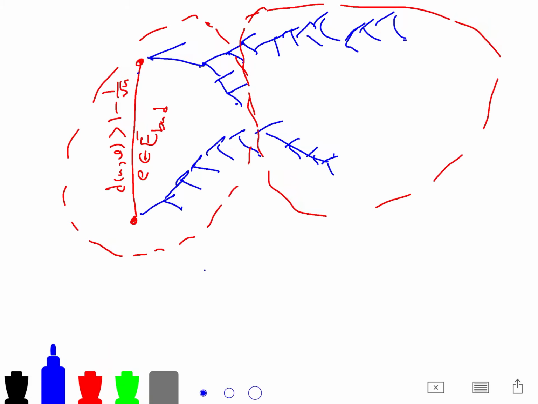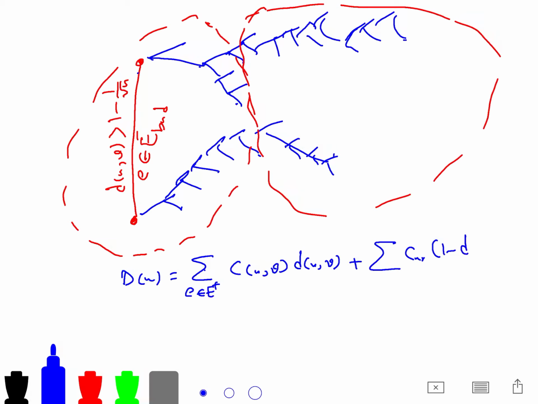This is a bad case because you want to minimize f of d, which is the sum of c of u and v times d of u and v, plus, of course, if e is in E plus, c of u and v times 1 minus d of u and v.